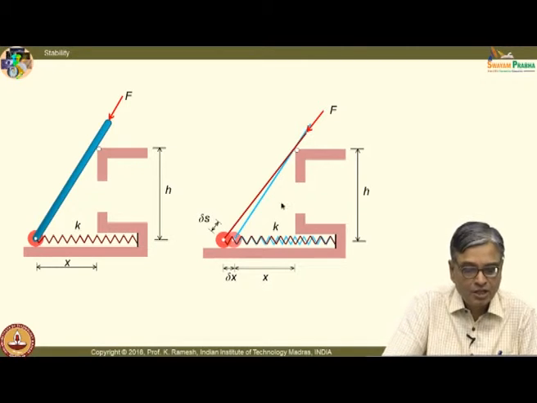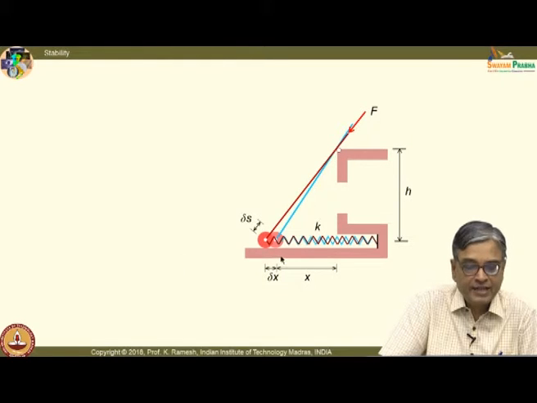Okay. So, the spring is stretched by a distance delta x, and the rod from this corner point to the roller has displaced by a distance delta s. So, let us first solve it with spring as part of the system.